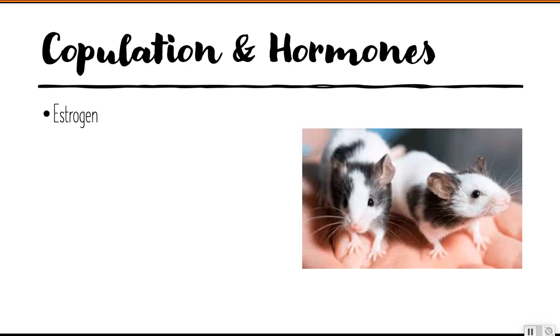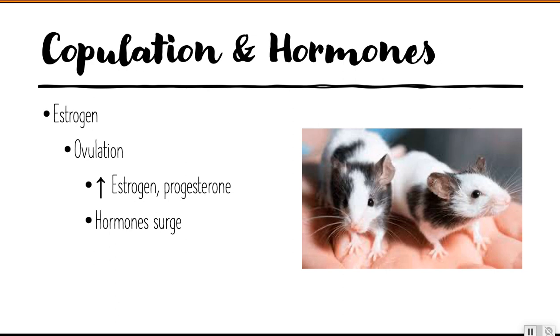So males are impacted by testosterone, and females are impacted by estrogen. As we have discussed, estrogen is really high during ovulation. So we have high levels of estrogen and also high levels of progesterone.